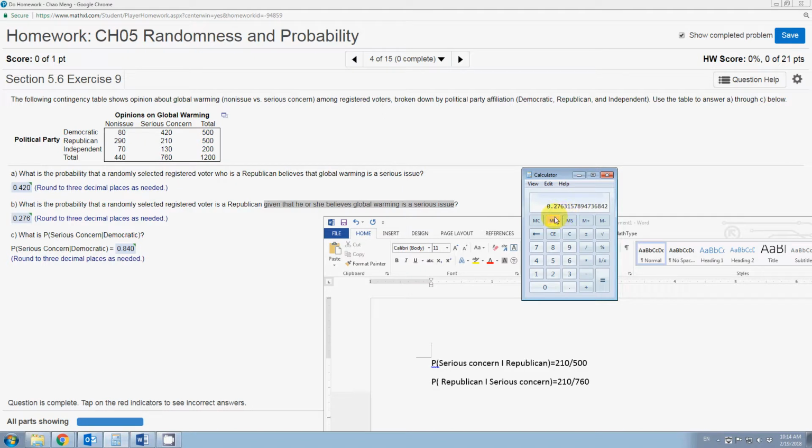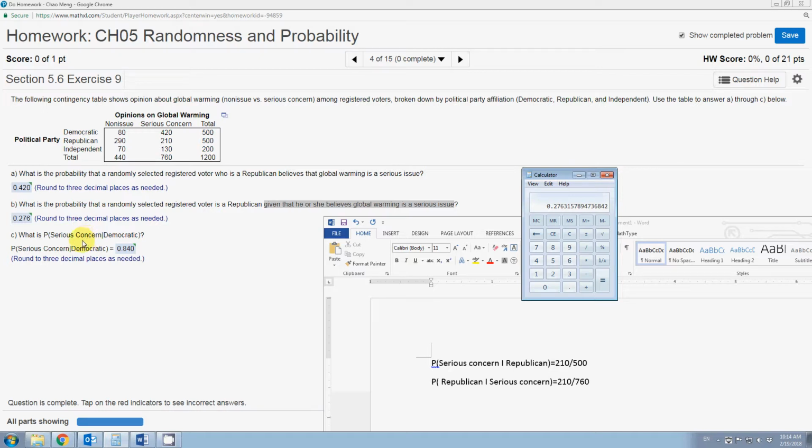If we do the calculation, 210 over 760 is about 27.6%. Part C is also a probability given the mathematical form: given the voter is a Democrat, what's the probability that the selected person believes that global warming is a serious concern?